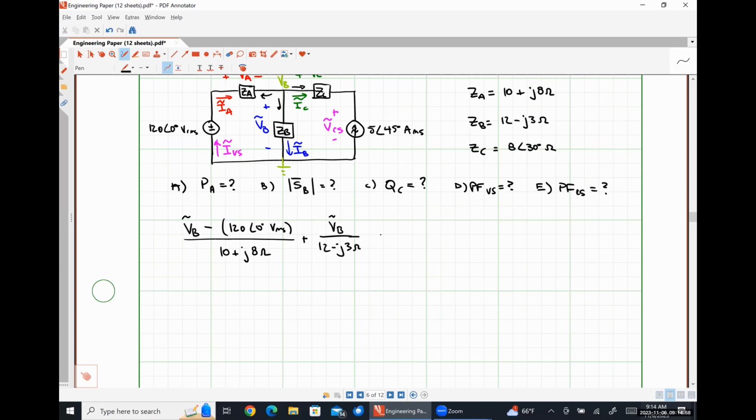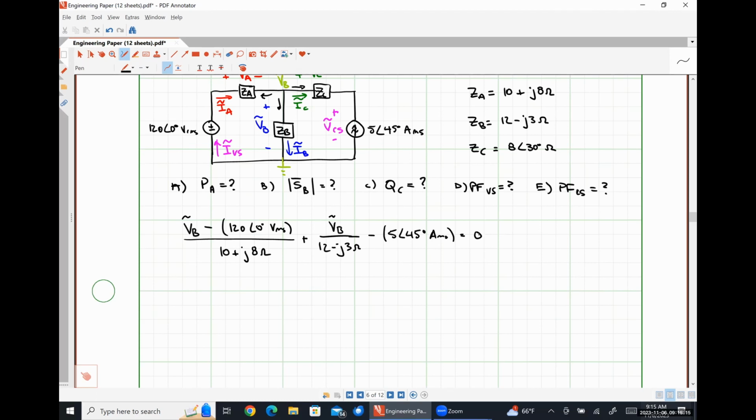And then lastly, I can see that I have a current of 5 angle 45 flowing in, so I'll have minus 5 angle 45 degrees amps RMS flowing out, and set that equal to 0.